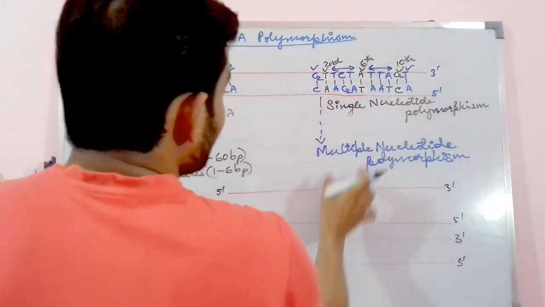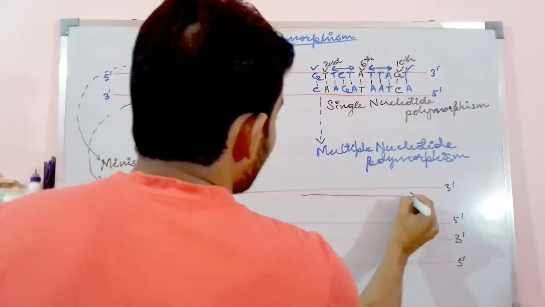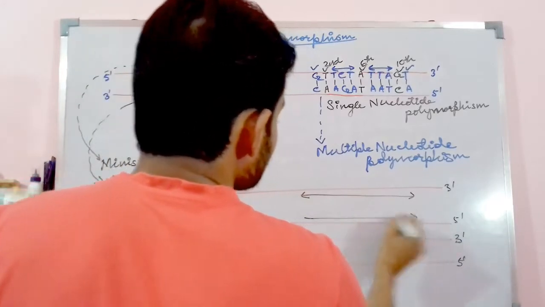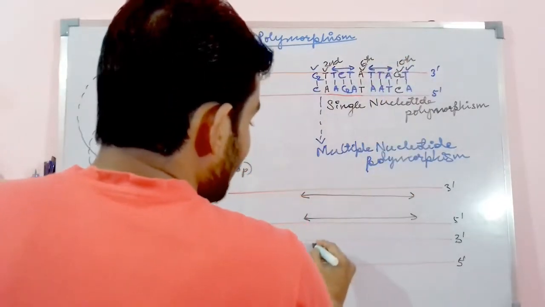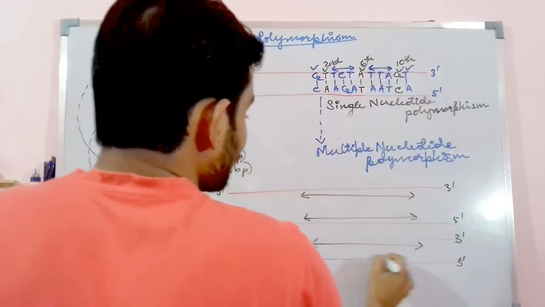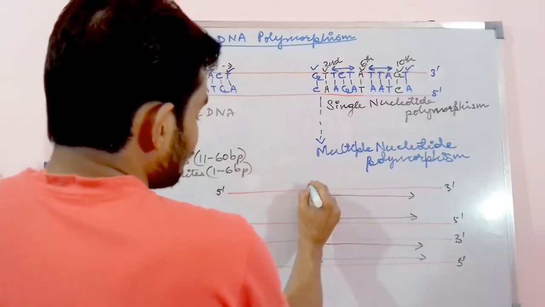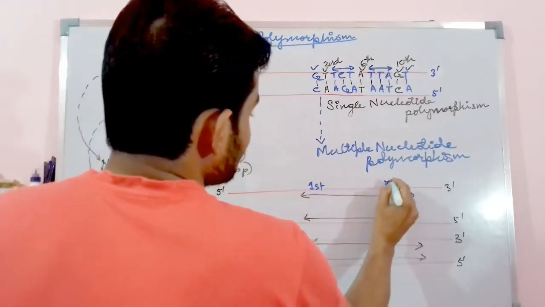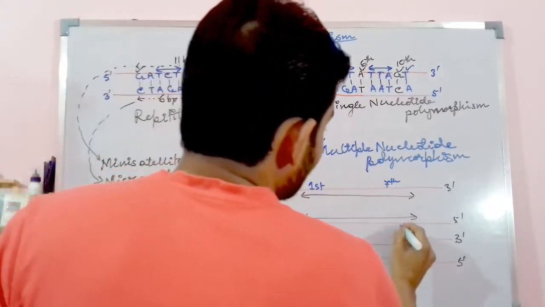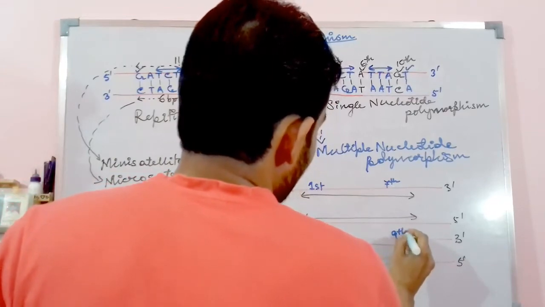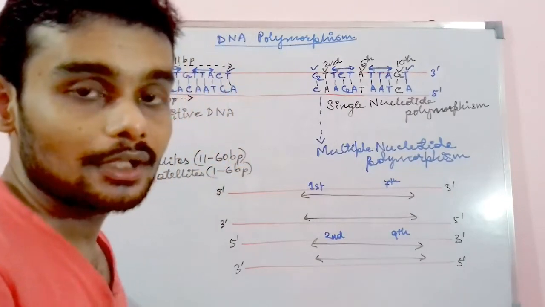This same sequence would have almost all the sequences similar, but the variation like which happened here in the 2nd, 6th and 10th position might not happen in these nucleotides. Here, suppose the variation is happening at the first position, and at the 7th position. And in this nucleotide the variation is happening in the 2nd position, and here it is happening in the 9th position. But the rest of the nucleotides, the majority of the nucleotides or the base pairs, would be same.